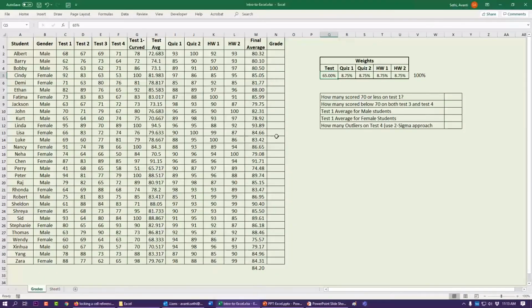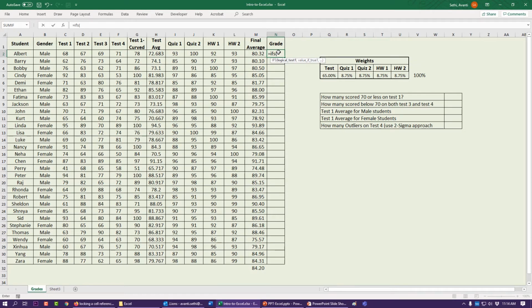Now assigning letter grades. How do we do that? You can use a bunch of if conditions, nesting if conditions, or you can use VLOOKUP. But there's another function called IFS. A very interesting function, IFS. So equal to IFS.